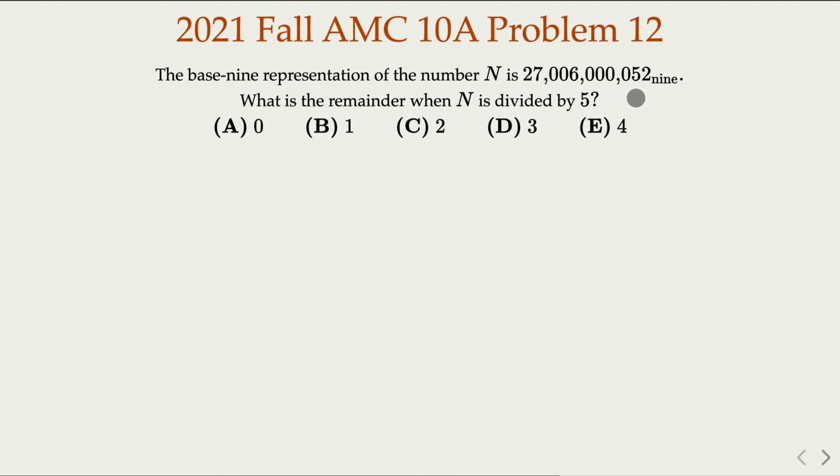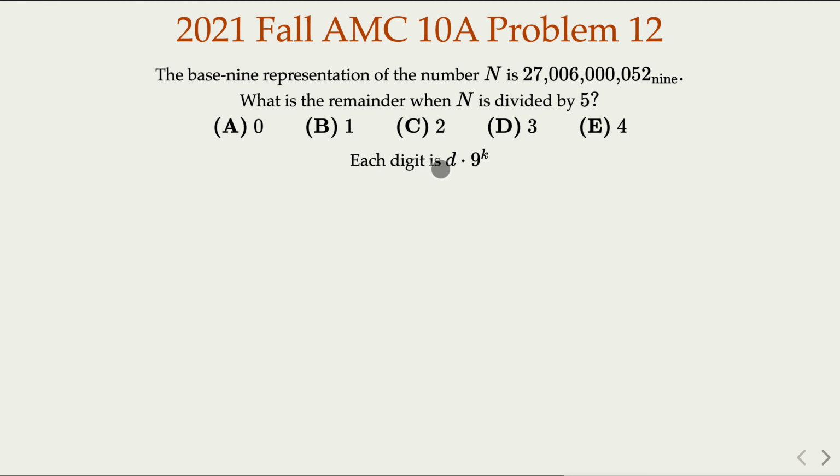Everything is a multiple of 9, like 2 plus 5 times 9, and this is going to be 6 times 9 to some power, 7 times 9 to some power, 2 times 9 to some power. Notice that 9 and 5 are related, because 9 mod 5 is equal to -1, or equal to 4. So that's important to know.